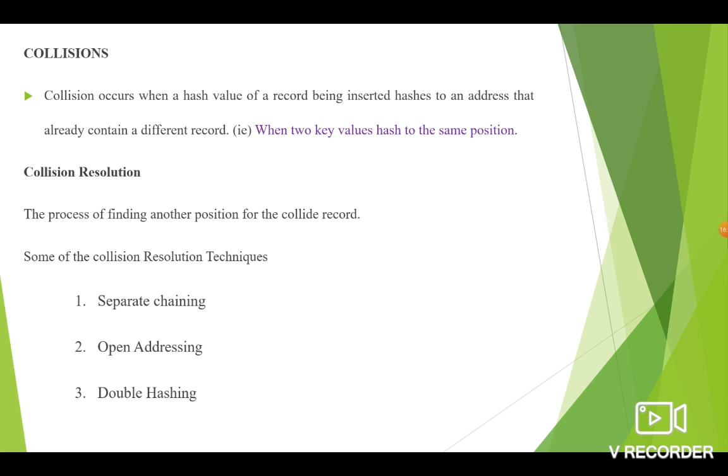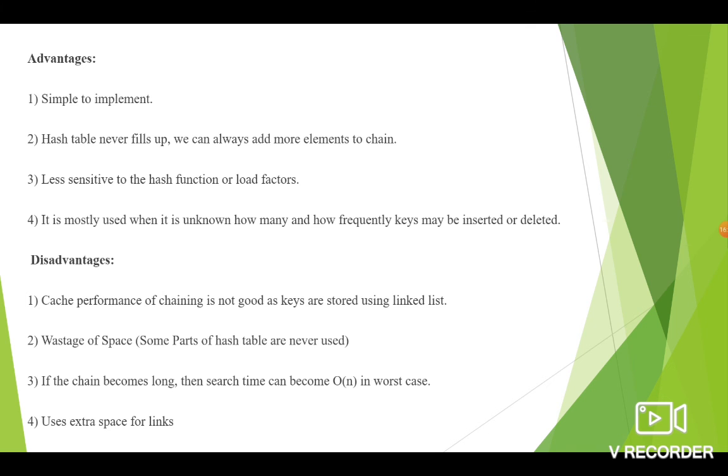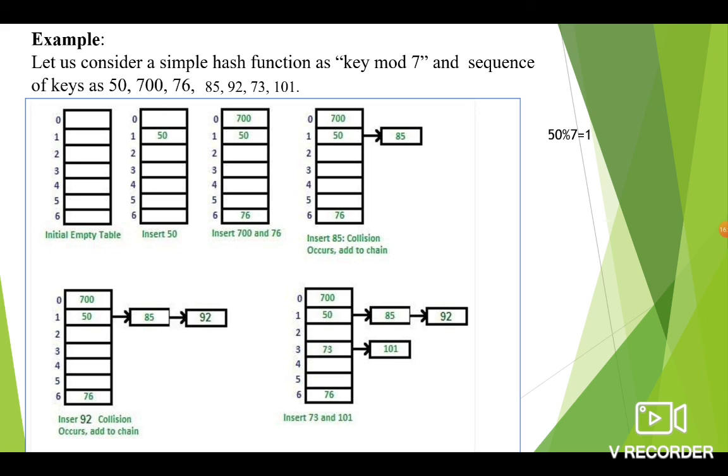Here we are discussing separate chaining and open addressing. In separate chaining, if we face a collision, then the new element is added as a new node in a separate linked list.